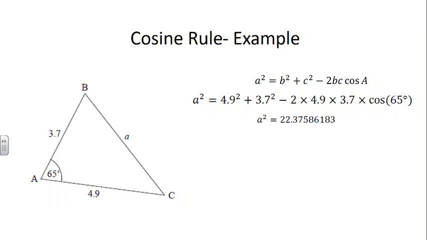So always check in an exam that your answer seems realistic. So this one needs square rooting to get the actual length A, and then we can round that to a more sensible answer. So length A would be 4.73 to three significant figures. No units on this one because we don't know what these units were.